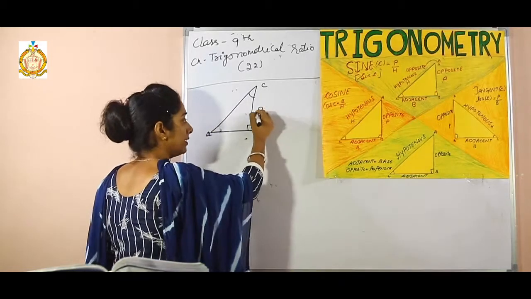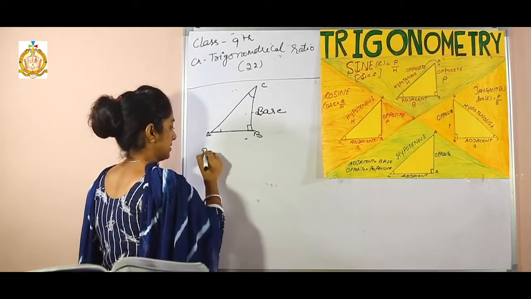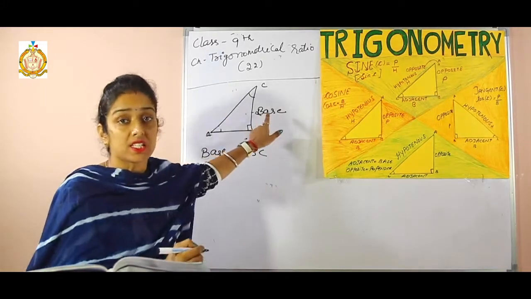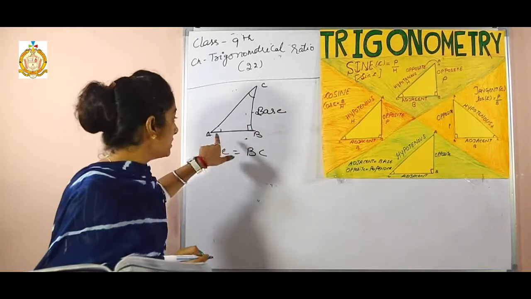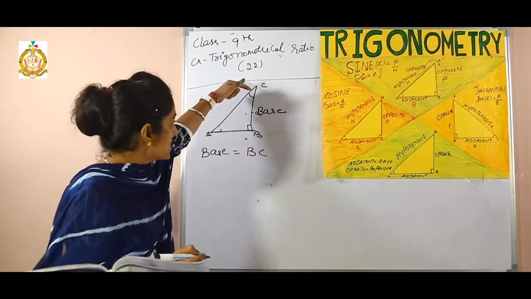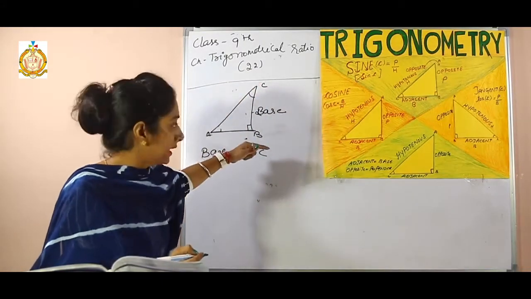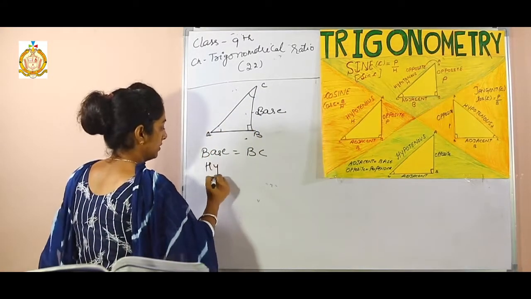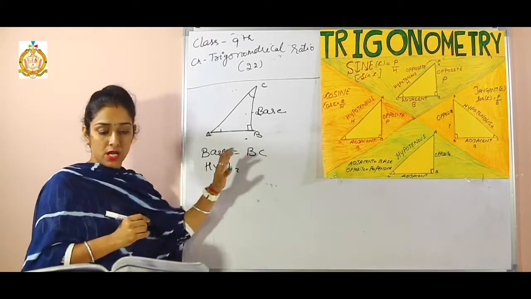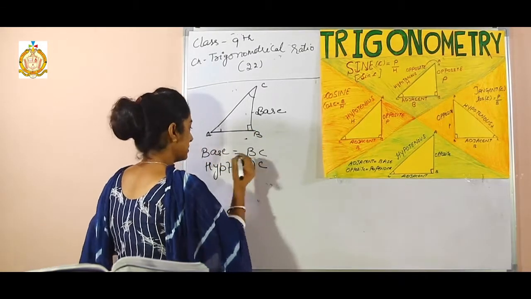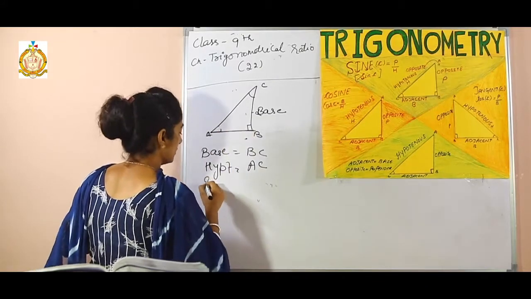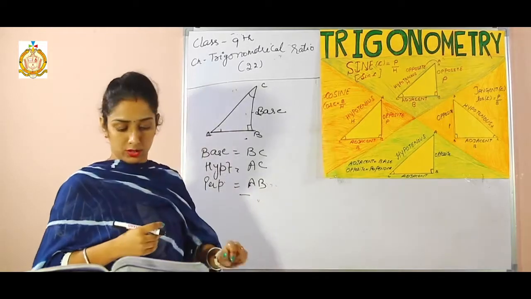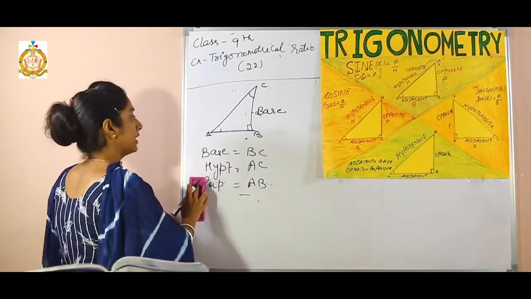So BC is the base. If A is the angle, then the base is AB. If C is the angle, then the base is BC, right? And the hypotenuse is the same, AC, and AB is the perpendicular.